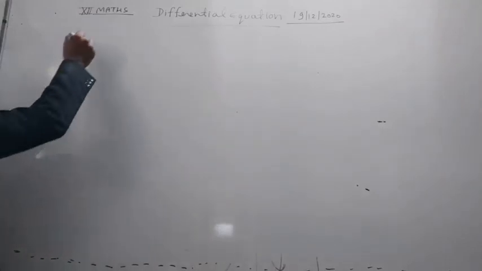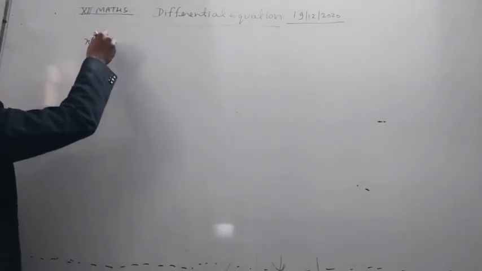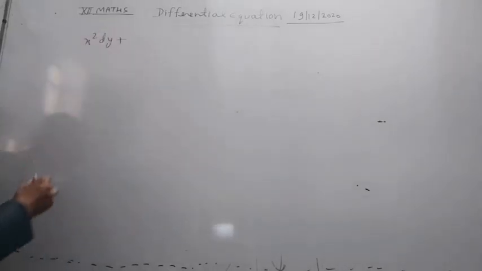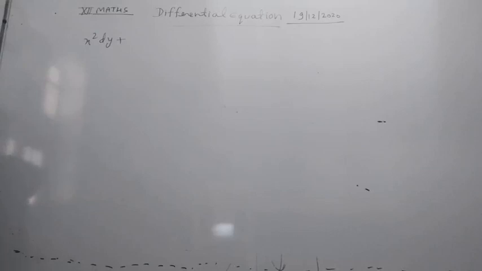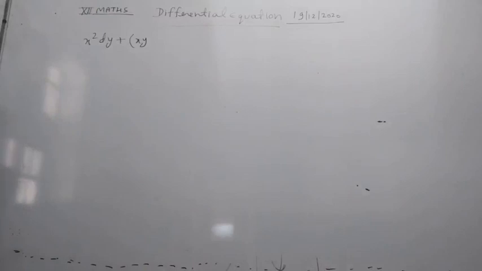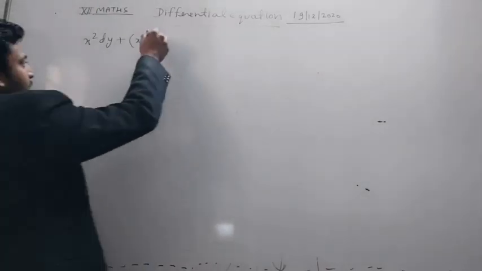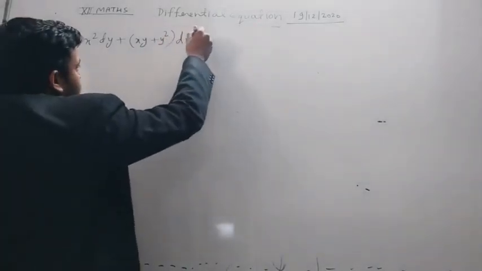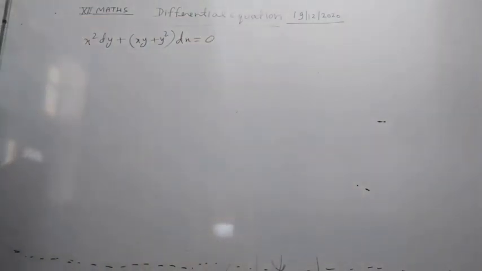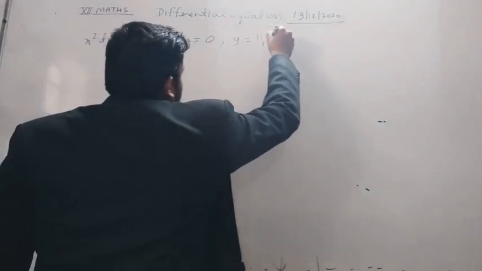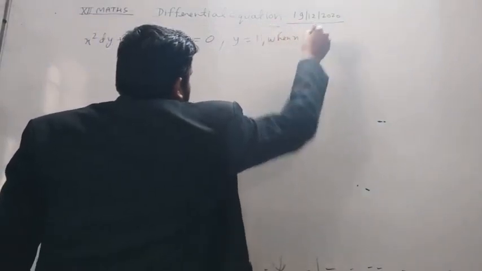So x square dy plus xy plus y square dx is equal to 0. y is 1 and x is 1.